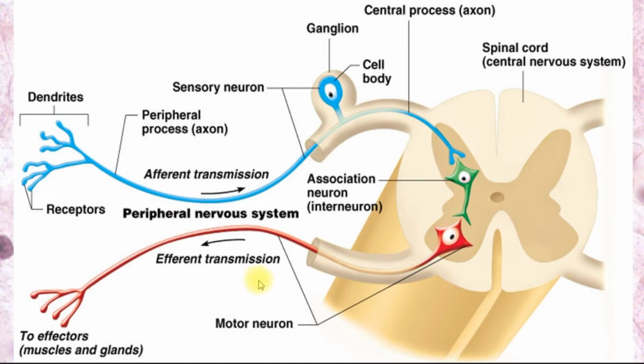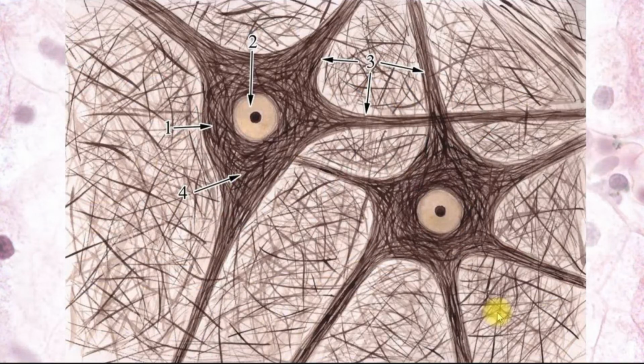And also processes and nerve fibers may be afferent, which carry impulses to cell bodies to the CNS, and efferent, which carry impulses from the CNS, from cell bodies to the peripheral organs. It's the functional classification of neurons.